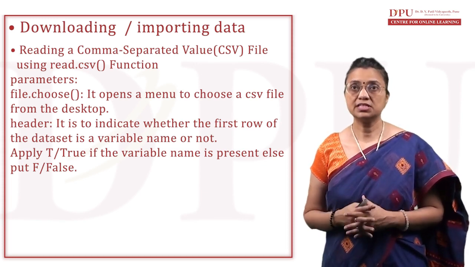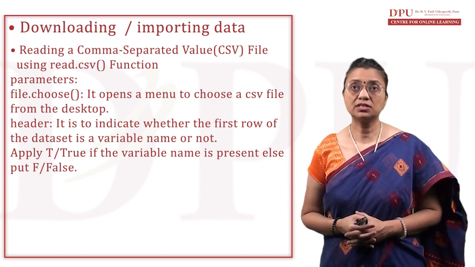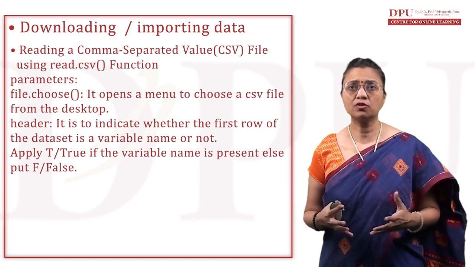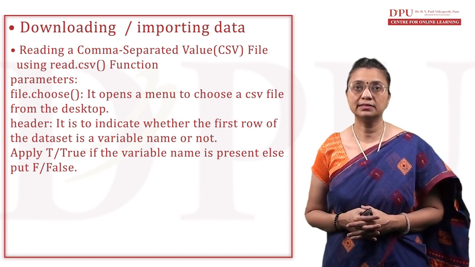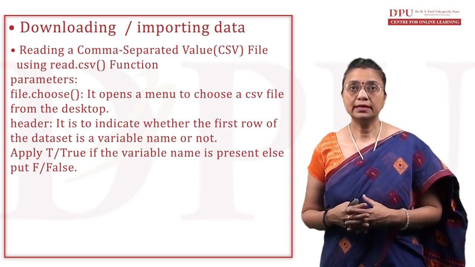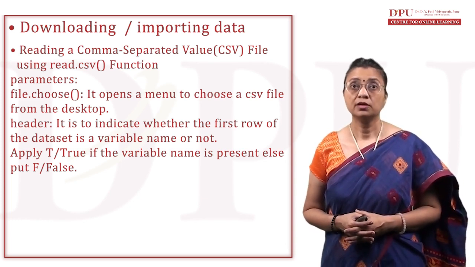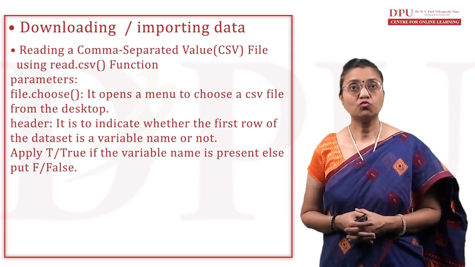The read.csv function is used to read the data, and this function is inbuilt. We are not supposed to write any code in it. The only thing we have to understand is what we are reading. When we are using the read.csv function, we have to understand the parameters that we pass in this function.